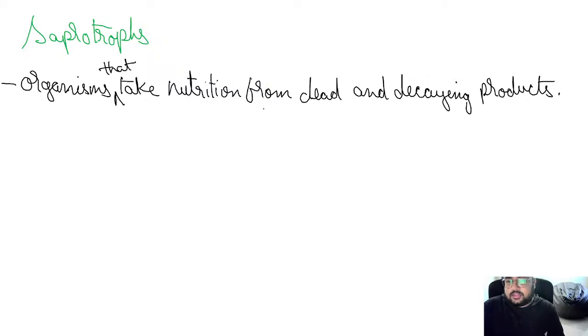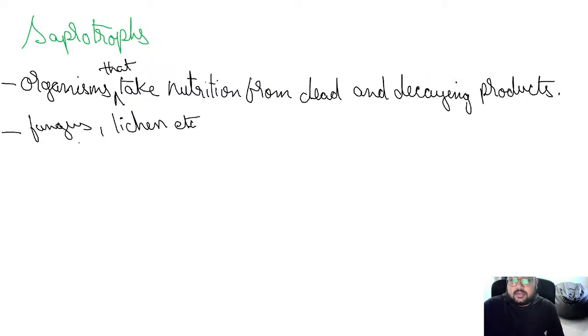Organisms that take nutrients from dead and decaying products are known as saprotrophs. So fungus is an example. Examples are fungus, lichen, etc. I'll tell you all what lichen is.